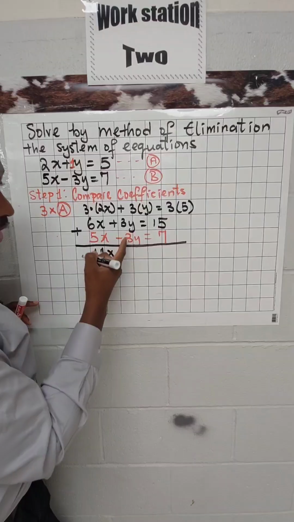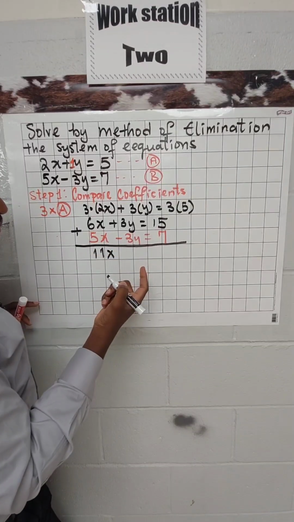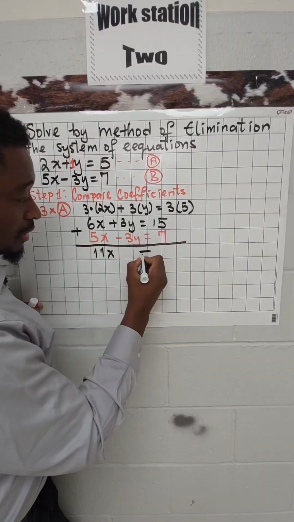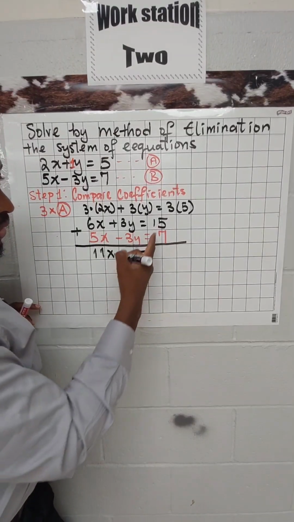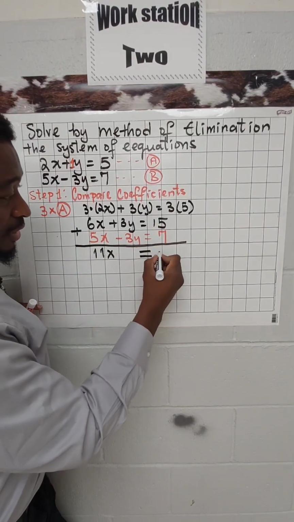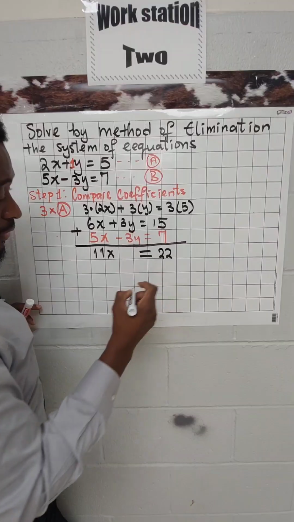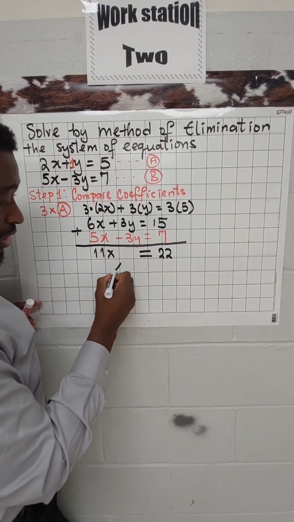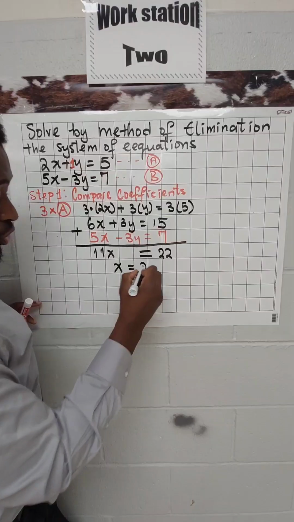Now 3 plus negative 3 is 0, so I don't worry about it, just leave that blank. Jump to equal to: 15 plus 7 is 22. Now I divide by 11 on each side, and that will give x equals 2.